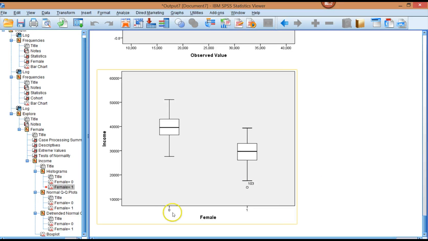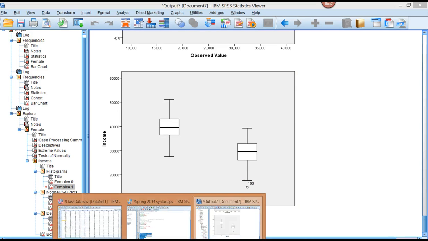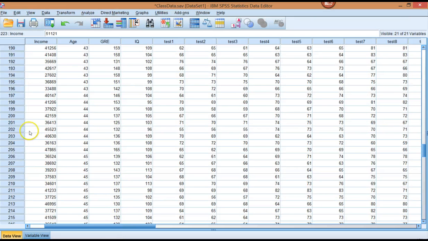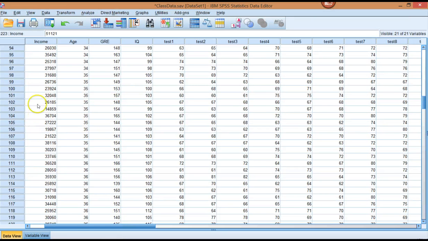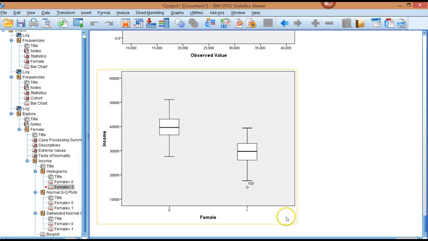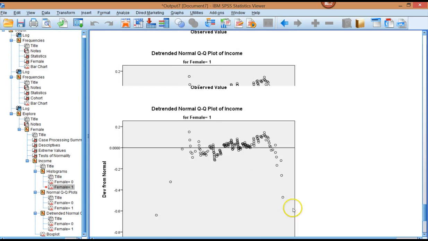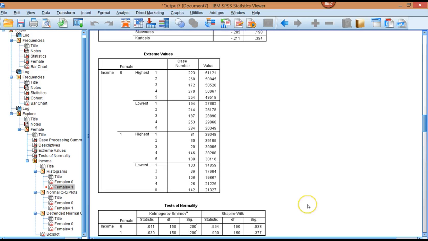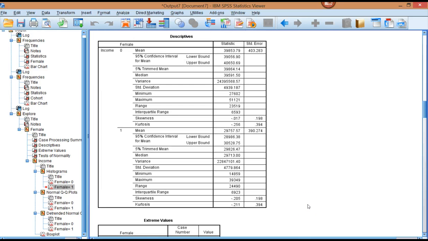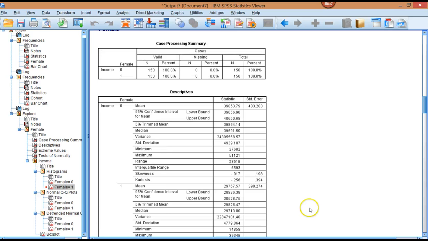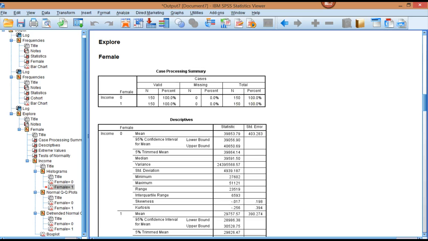And this is divided by women and by men. So if we look at case 103 in your data, you can see that this value, 14,859, is what's being displayed as pretty low here in terms of income for women.